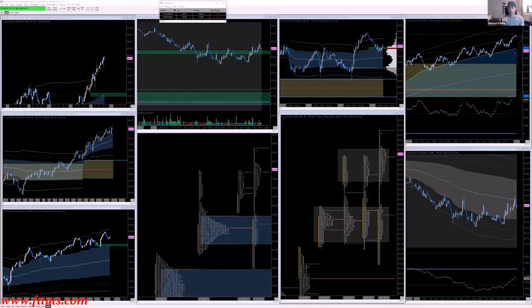Weekly imbalance pullback long. I mean, that's pretty much it. You know, targets the weekly +2 and or monthly +2.